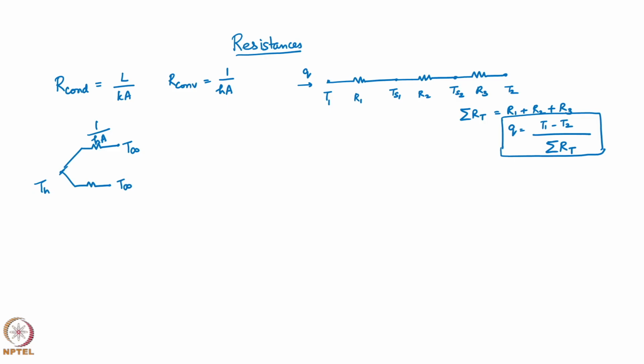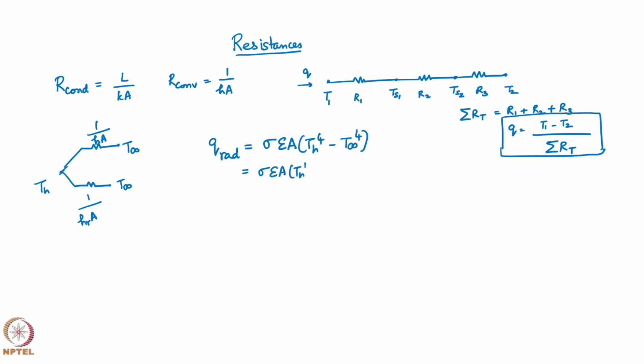For lack of a better terminology, we will say the radiation heat transfer is given by 1 over hR into A, and we looked at that this hR is a pseudo quantity. We said Q radiation is nothing but sigma epsilon A into Th to the power 4 minus T infinity to the power 4. This is between surfaces, and we will recast this in a form that we like.